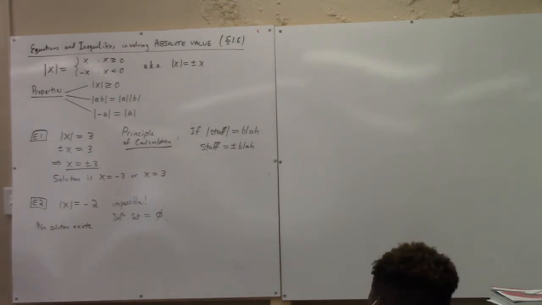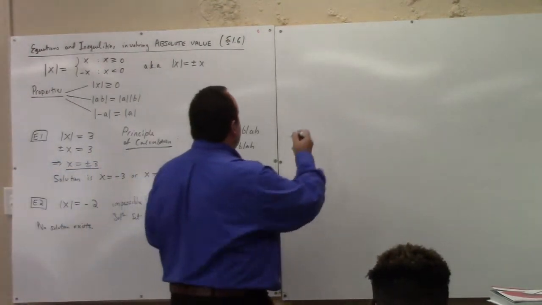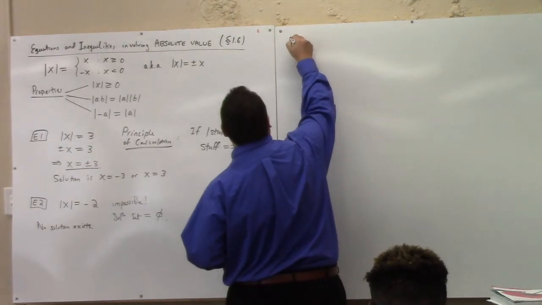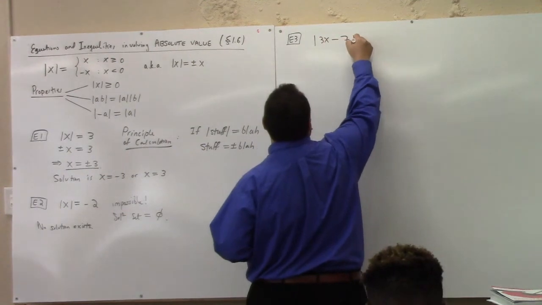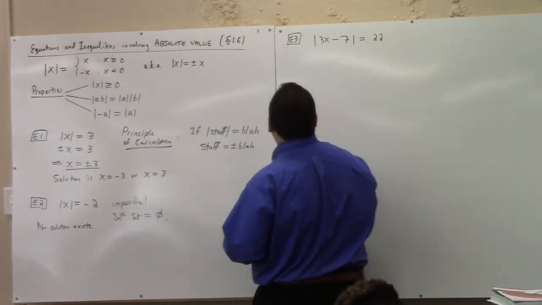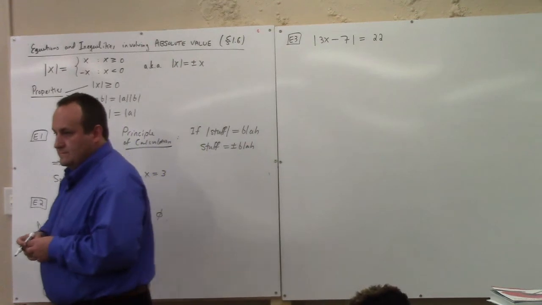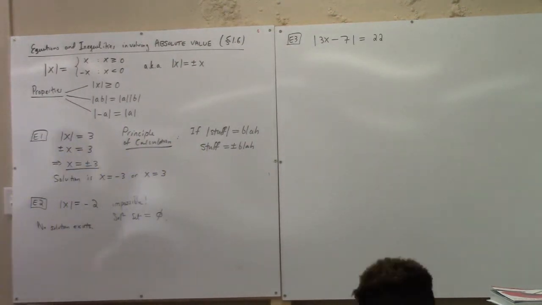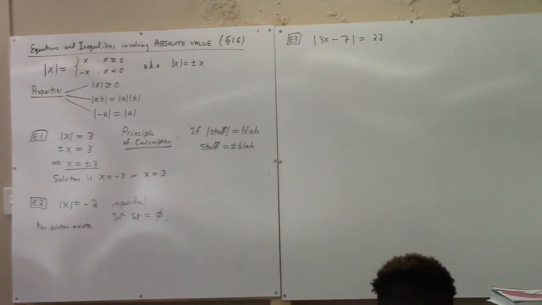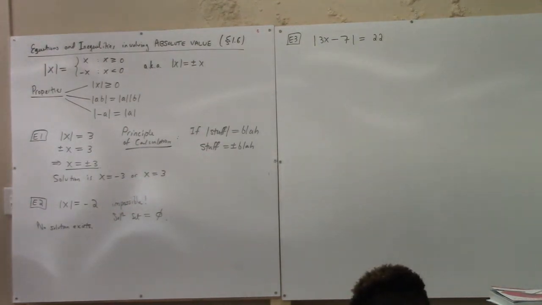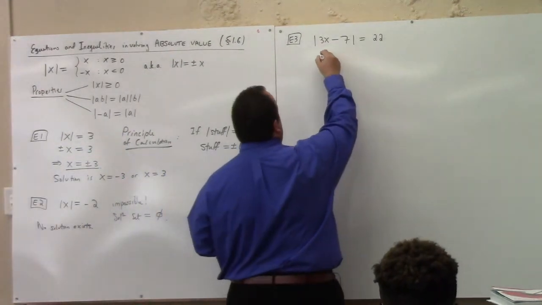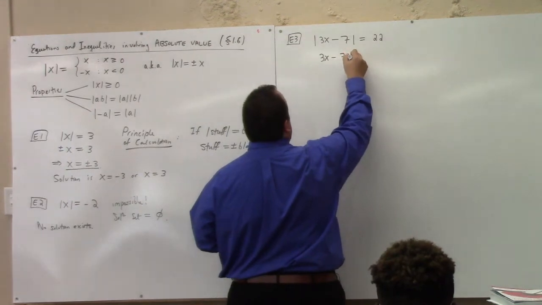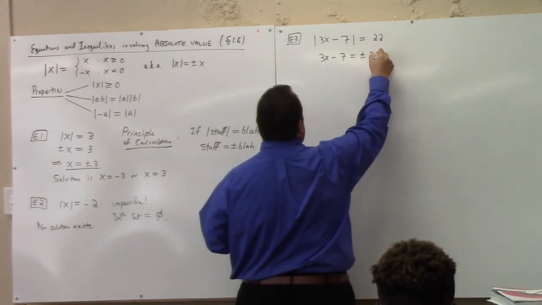So, example 3. How about this? Absolute value of 3x minus 7 equals 22. To solve that, we go, aha. This means that 3x minus 7 is equal to plus or minus 22.